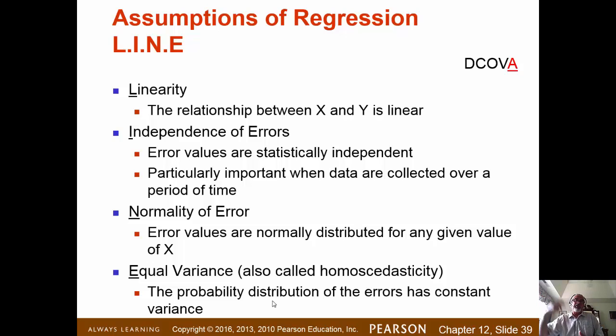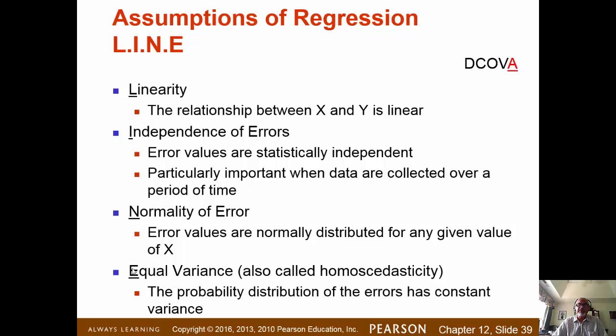Since x is independent of the error, the variance of error will be the same irrespective of the x values, and that's the fourth assumption, equality of variance. So linearity, the model assumption, the errors are independent, the error follows a normal distribution, and the variances are all equal. So these are the four assumptions needed.